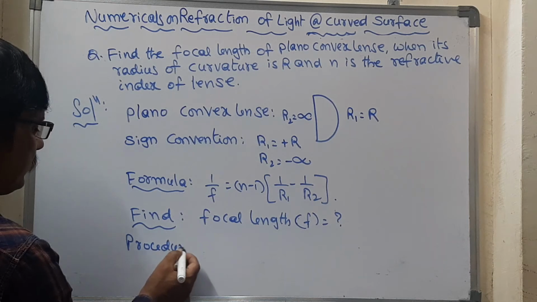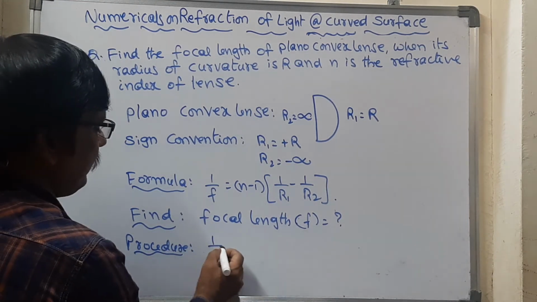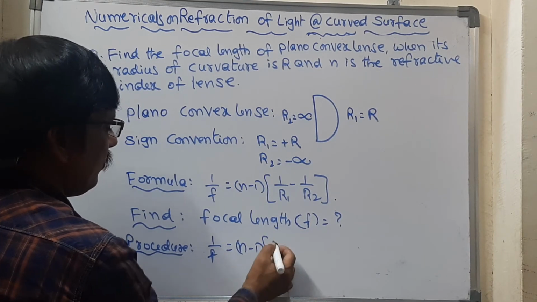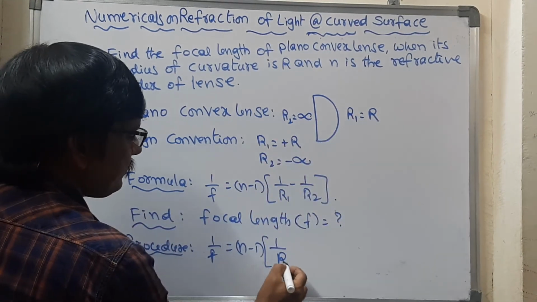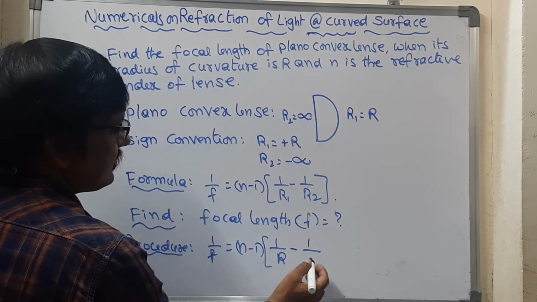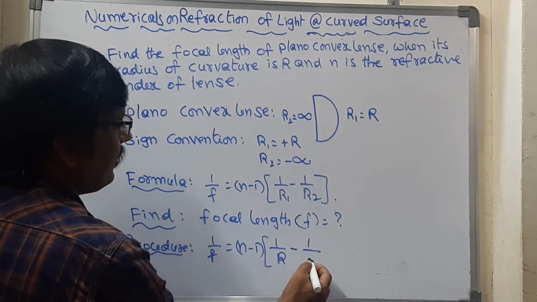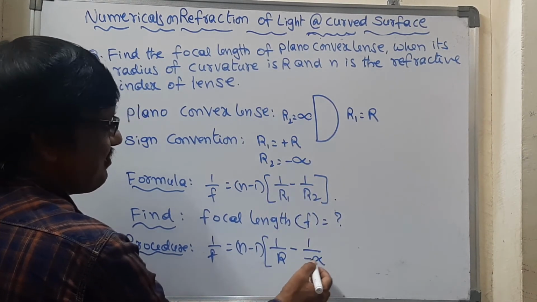And what is the procedure or the calculation part? So 1 by f is equal to n minus 1, the n value does not change, 1 by r1, and R1 is r, minus 1 by R2. R2 is equal to minus infinite.